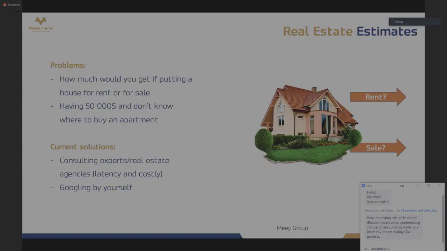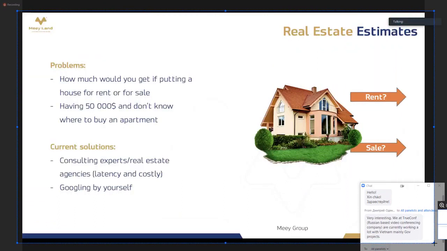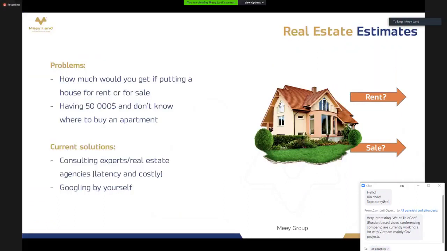Real estate estimation is the problem of trying to estimate the price of real estate properties. For example, if you have a house or an apartment that you are not using yet, and you want to put it up for rent, you ask, how much should I obtain each month? Or if you want to put it up for sale, how much would you get from that?